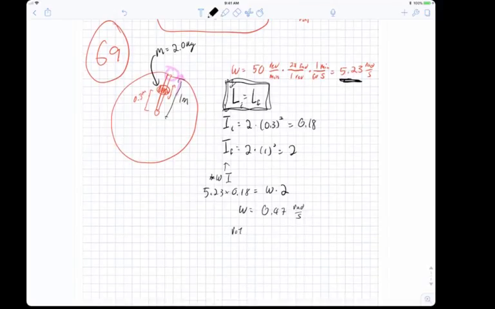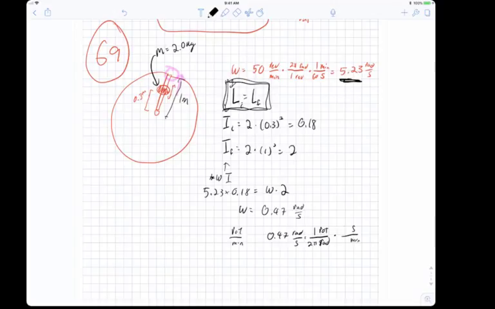It wants it in rotations per minute. So how do we convert this to rotations per minute? I want the units to be rotations instead of radians. 2 pi radians for 1 rotation, and instead of seconds, I want it to be minutes.